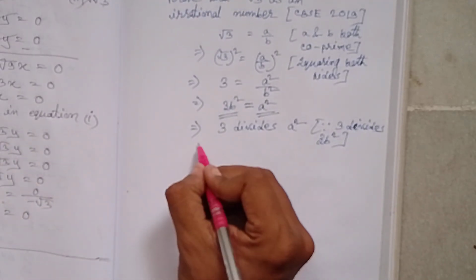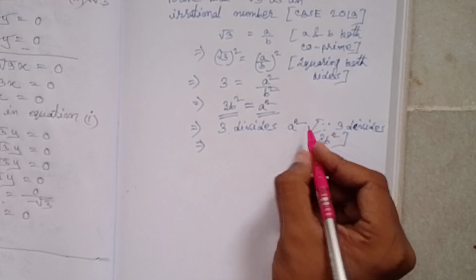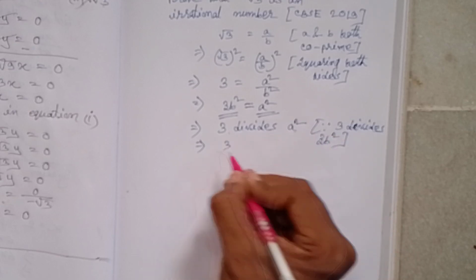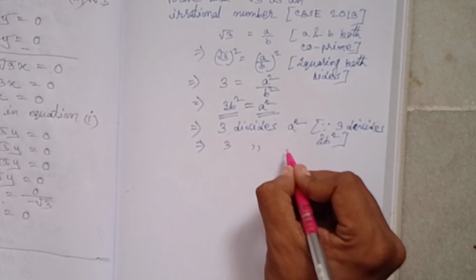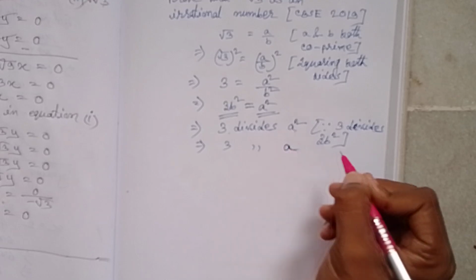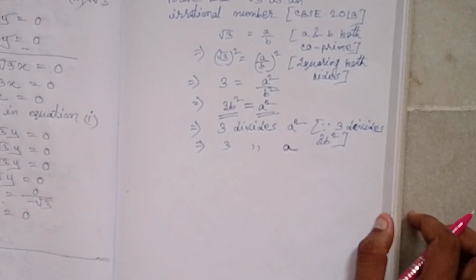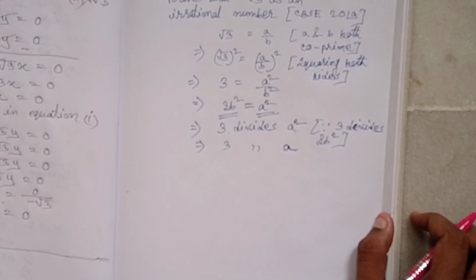We know that if a number divides a square term, that number must divide the root term also. So a square is a square term. When 3 is capable of dividing a square, 3 must divide a as well.